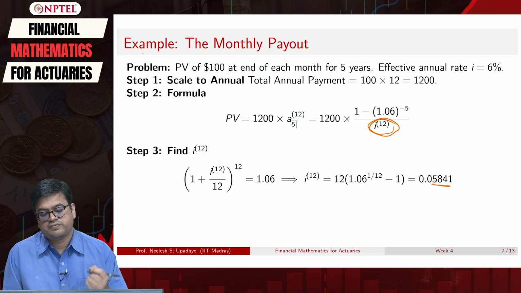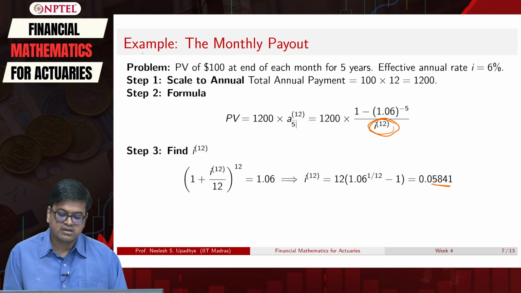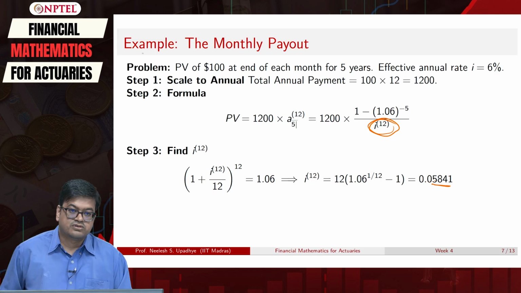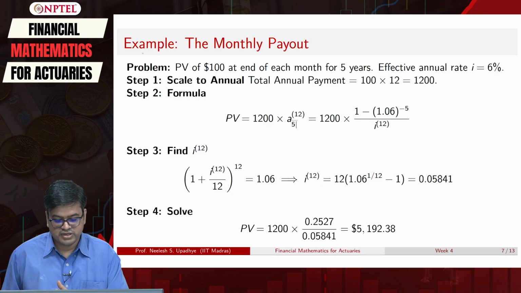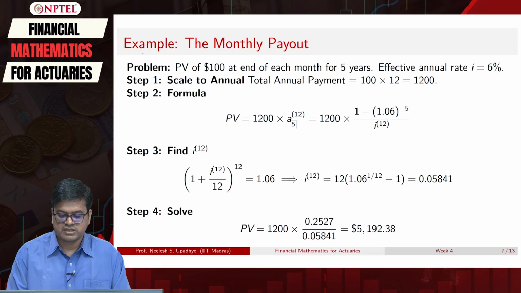Given an interest of 5.841 that is compounded monthly, I get this. So what is the next step? Next step is calculating the present value. So I will feed that value into this and I will solve for it. The answer is 5192.38. That is the present value of whatever investment I am going to do.